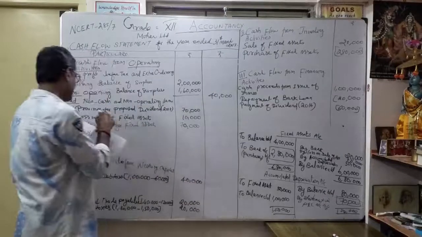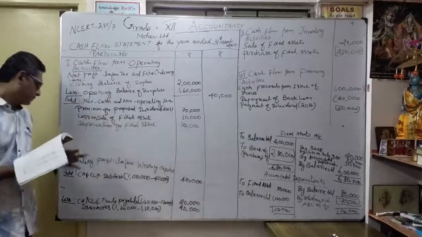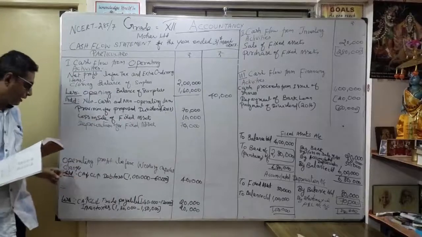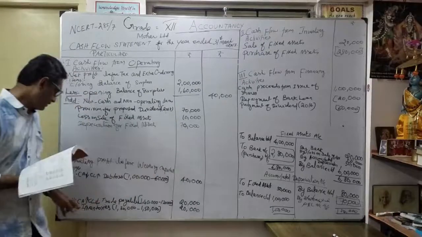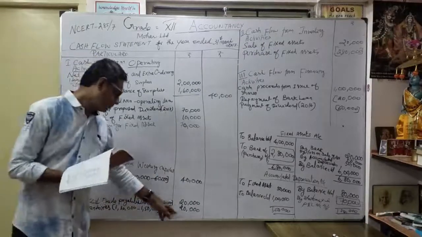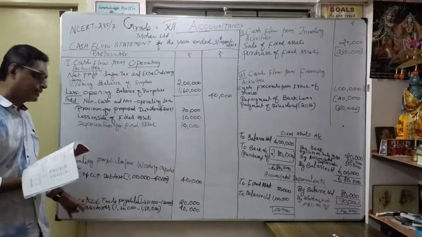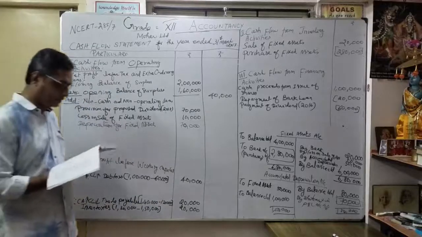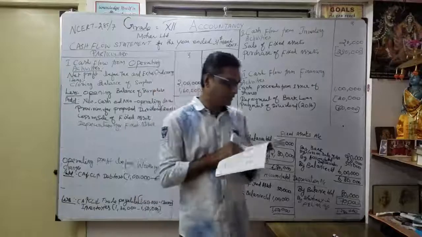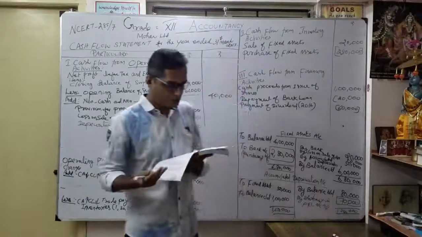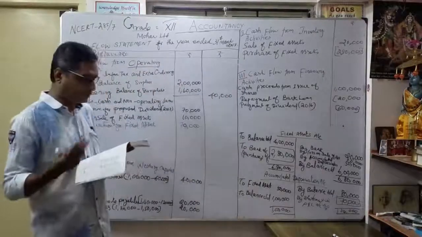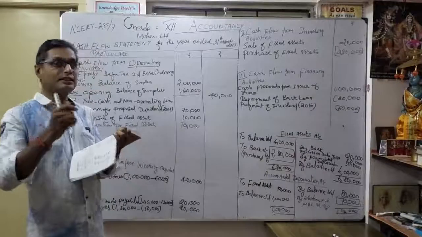So my debtors, current assets decreased. That's why I am adding. So previously inventories increased for current assets. That's why I am deducting. Okay, that's the idea here. Then bills receivables 2016 20,000 now become how much? 30,000. So increased.